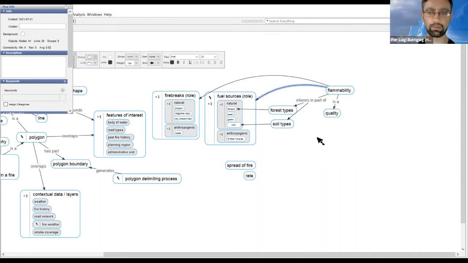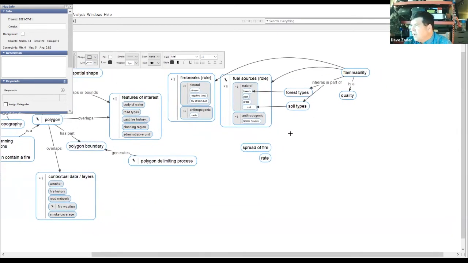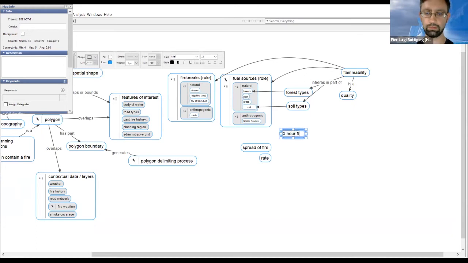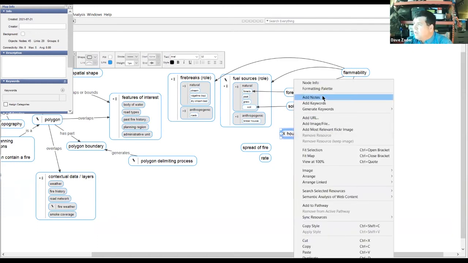We have what we call 1-hour fuels, 10-hour fuels, 100-hour fuels, 1,000-hour fuels, 10,000-hour fuels, depending on their size class. A 1-hour fuel, which is something like grass, can go through its entire range of fuel moisture within 1 hour.